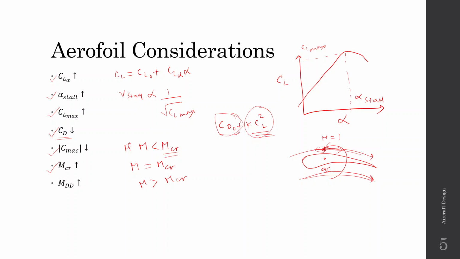But if you want to create an economical airplane that consumes less fuel, then you should not fly at supersonic speeds. Then we want the Mach divergence number to be as high as possible. Mach divergence number is a number beyond which the drag rises sharply. So if this number is higher, then we can fly at higher speeds without encountering this difficulty.